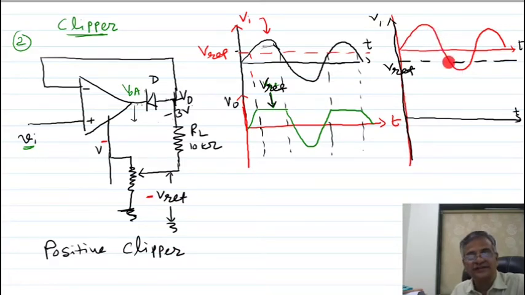Up to this, the anode is negative. Here plus 1 volt, plus 2, plus 3, then 2, 1. So this is in reverse bias. Which bias? Reverse bias.